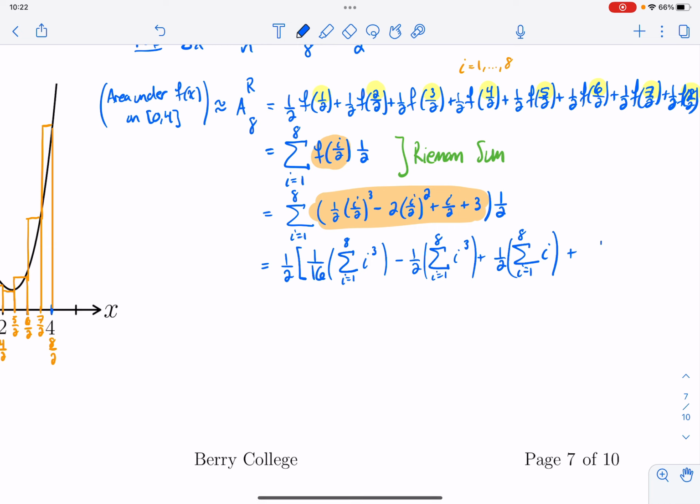Plus the sum from I equals 1 to 8 of just 3. So there I've pushed my sum into every single term that I'm considering.